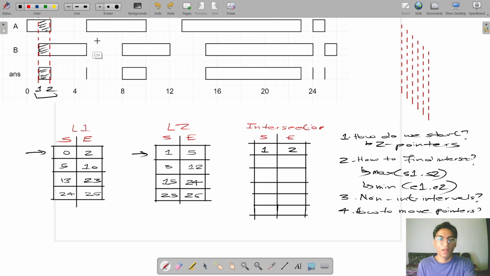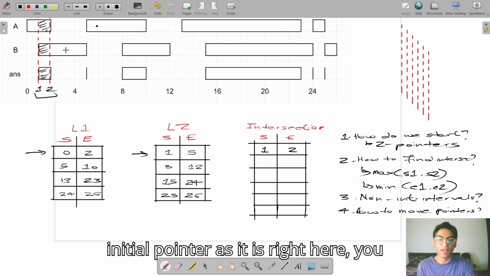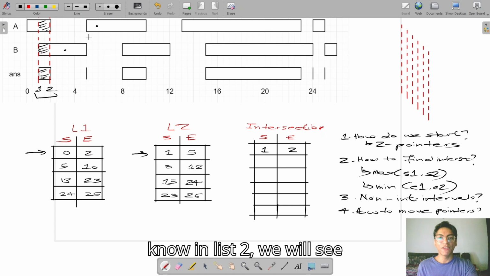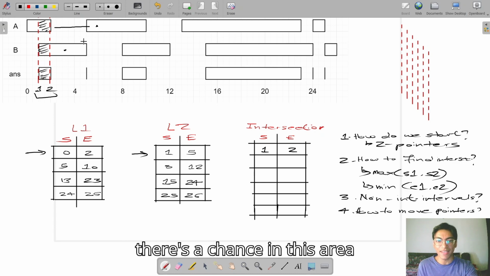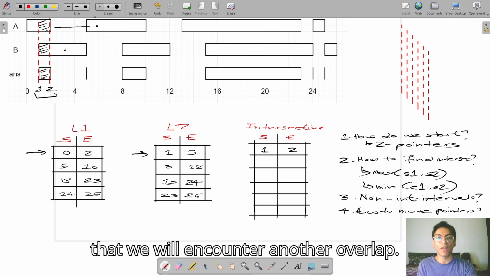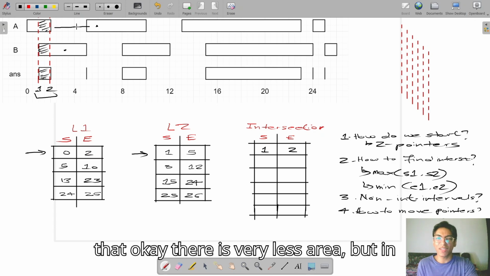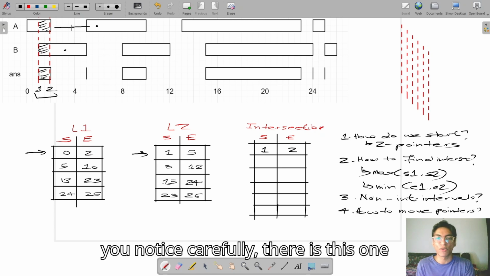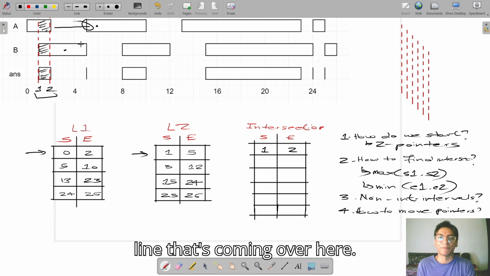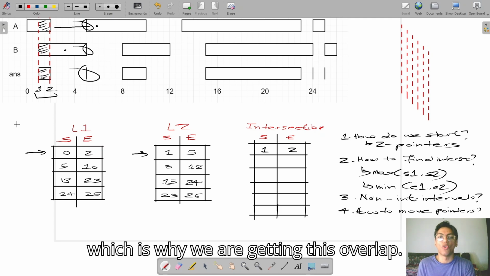But if we move the pointer from this point to this point over here and keep the initial pointer as it is right here, in list 2, we will see that since this point ended first, there's a chance in this area that we will encounter another overlap. There is a possibility, right? Of course, you're seeing this graph and saying that there is very little area, but in other examples, that can very well be the case. In fact, even in this example, if you notice carefully, there is this one line that's coming over here, which is why we are getting this overlap.